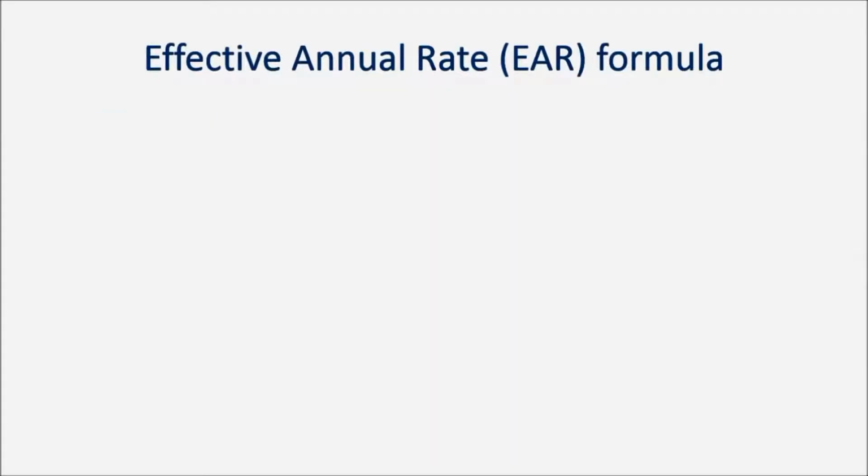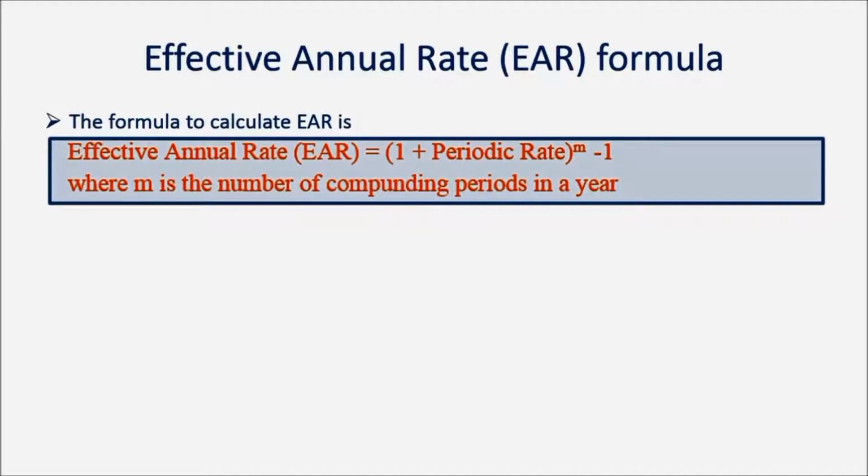In general, you can calculate effective annual rate using this formula. Effective annual rate is equal to 1 plus periodic rate whole to the power m minus 1, where m is the number of compounding periods in a year.